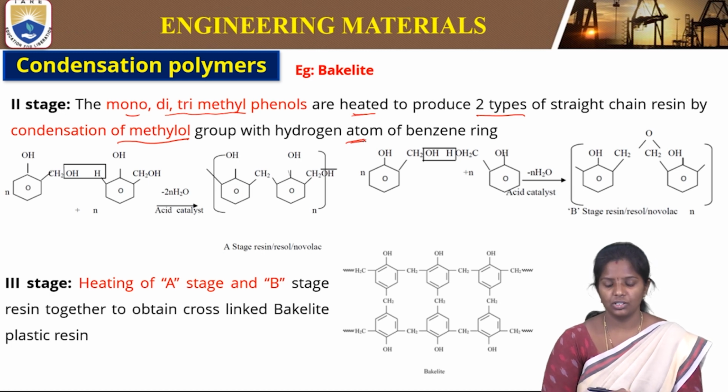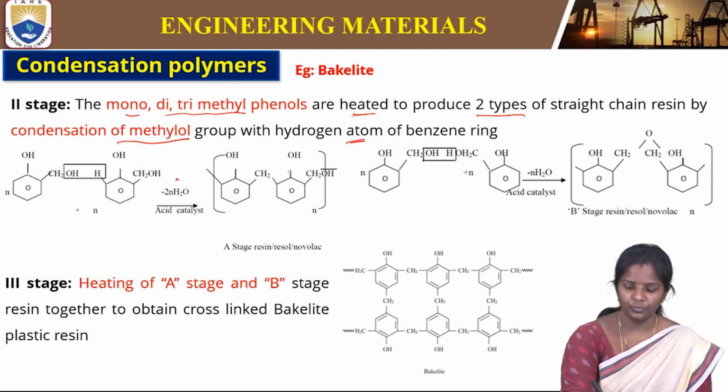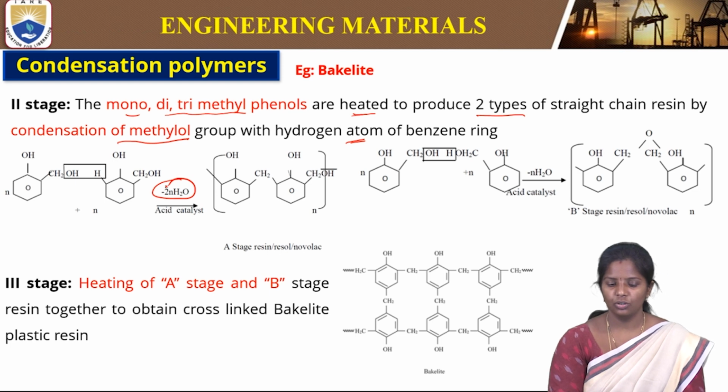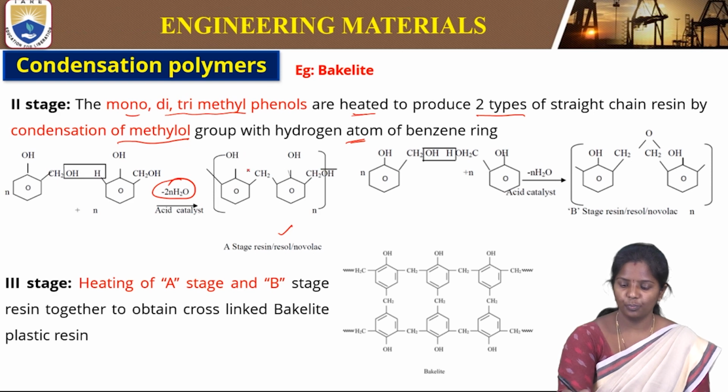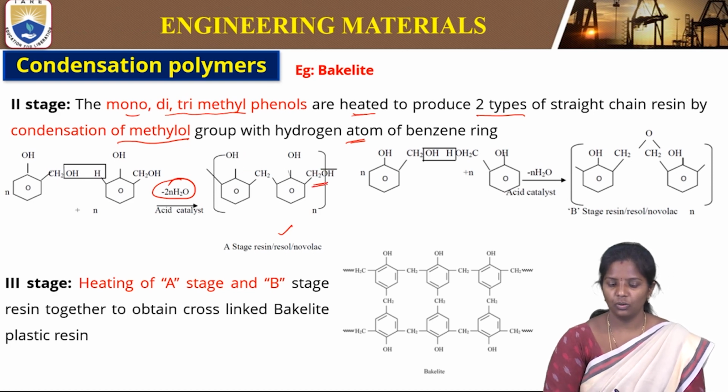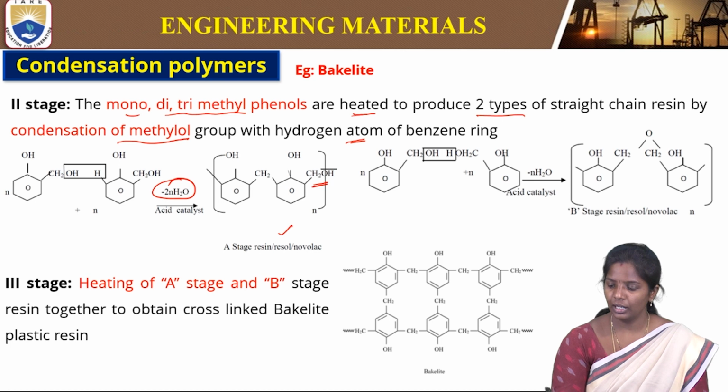This condensation will remove a water molecule and forms A stage. For example, this A stage is the monomethylol group. Then again condensation takes place between two other groups, and it forms B stage.